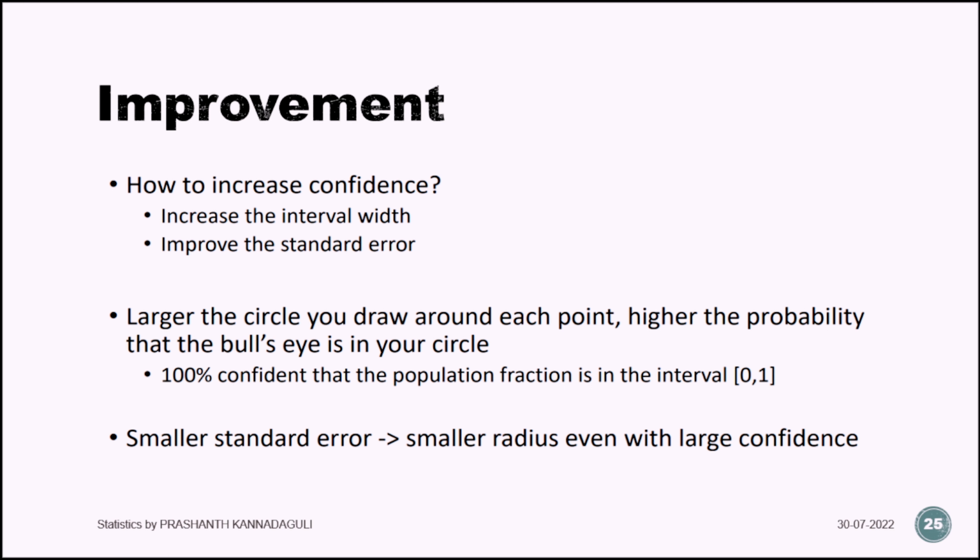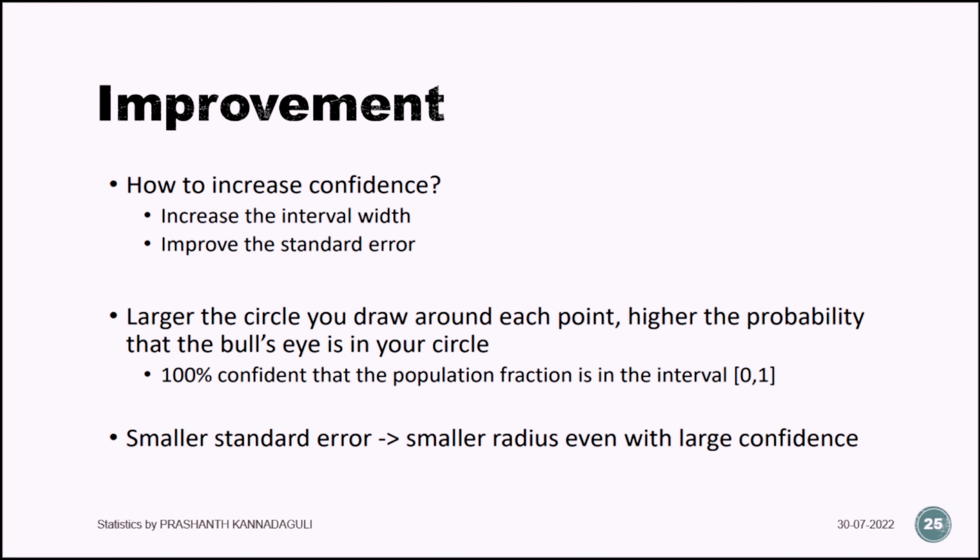Larger the circle you draw around the point, we have higher probability of this. So that means if you increase and consider the whole board, it's 100% definitely, because it will be there inside that particular board for sure, right?